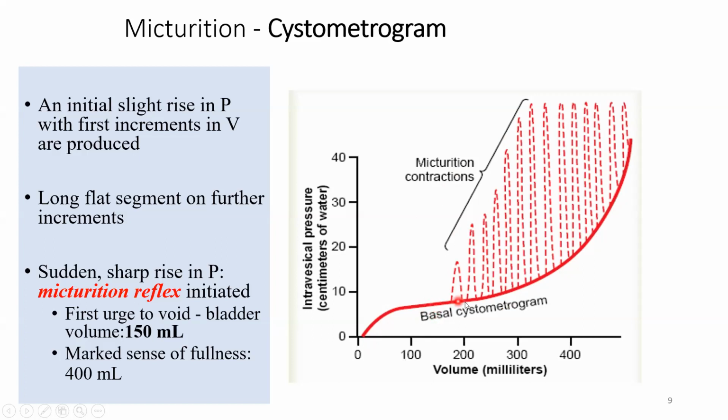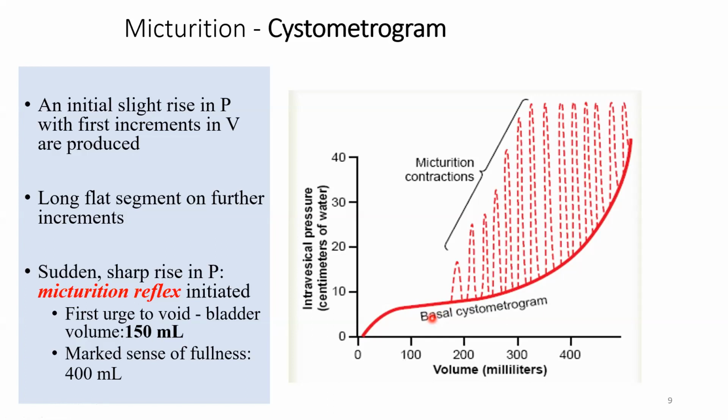But when you go beyond 150 ml approximately, you stretch the bladder enough that it will trigger the aforementioned micturition reflex. So before 150 ml, you won't feel the urge to do anything. But beyond 150, you will feel that slight funny feeling that something is happening down there, right?